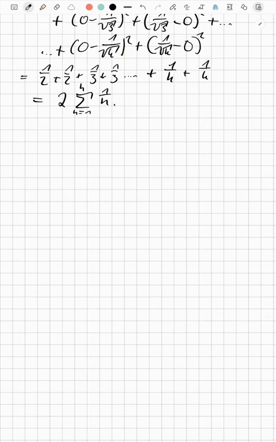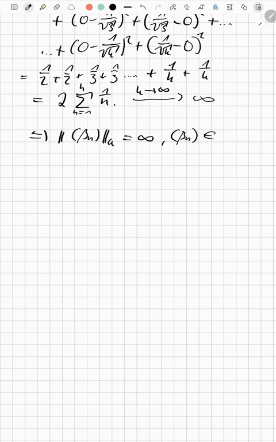And for k going to infinity, this diverges. So the supremum over all these z's is infinite, and thus the norm of beta_n is infinite. And beta_n is not in J.